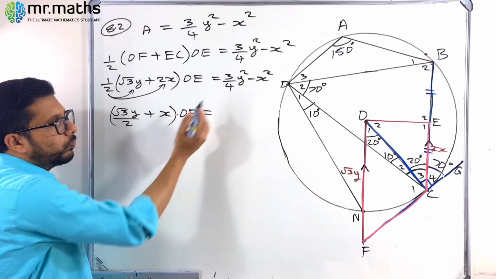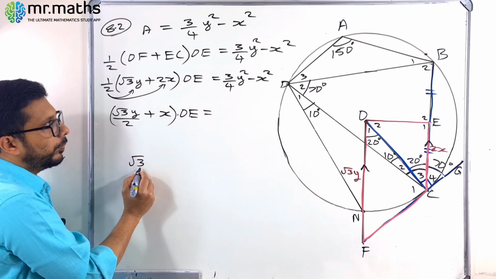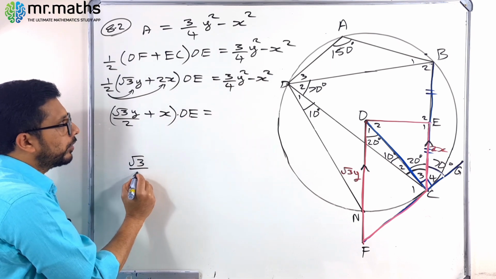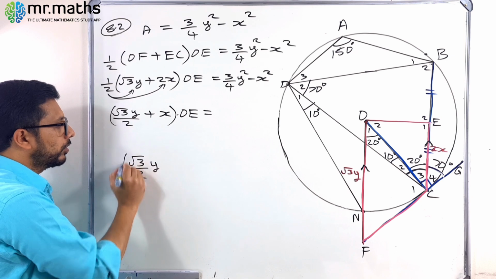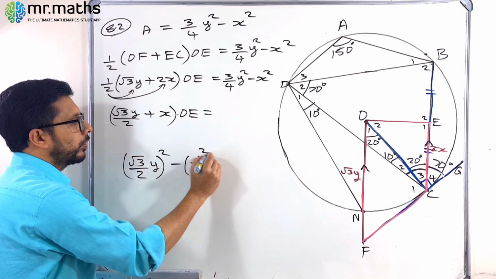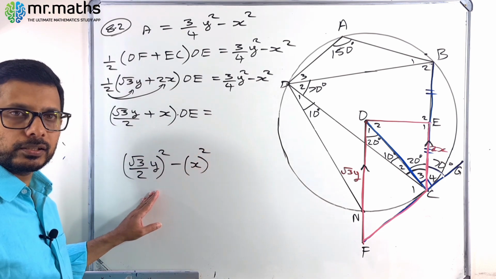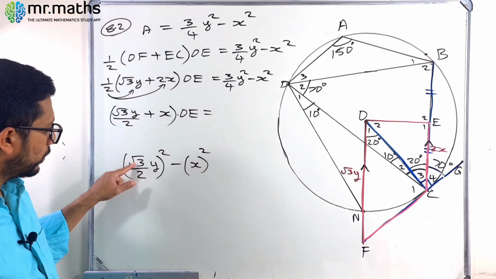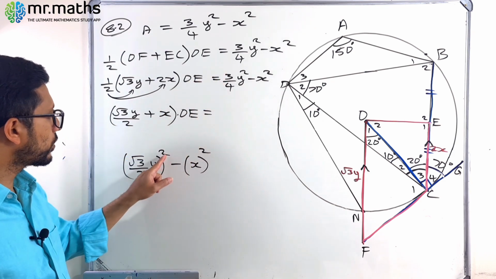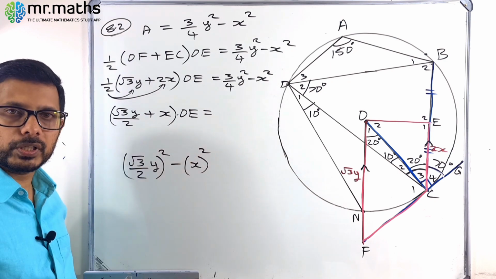This 3 by 4 y squared, I'm going to write like this: root 3 by 2 y, the whole squared, minus x squared. The same thing, I wrote it like this. How? Root 3 squared is 3, 2 squared is 4, y squared is y squared. You can see, then x squared, there is no difference, the same thing.